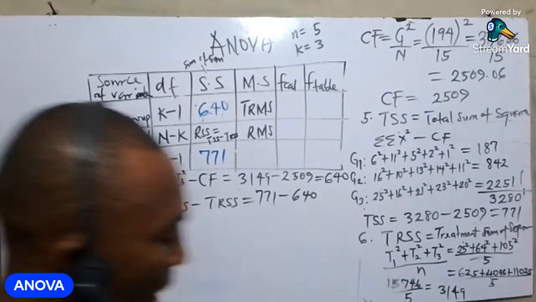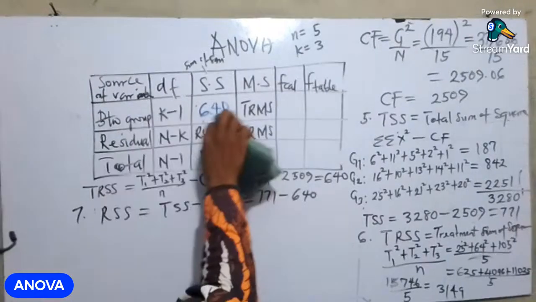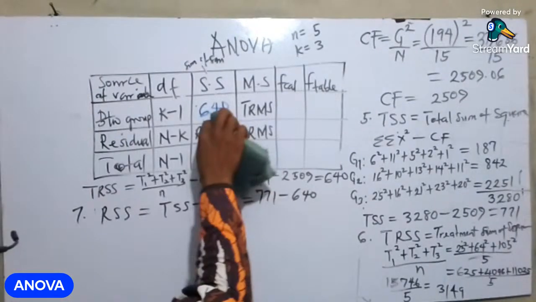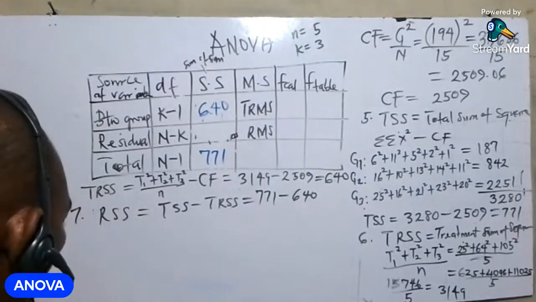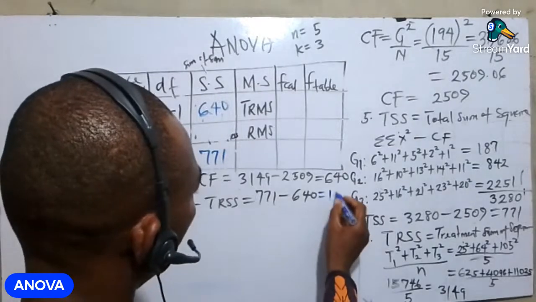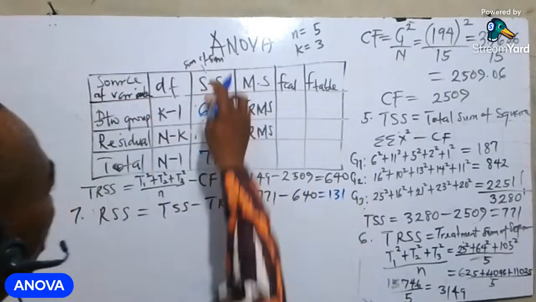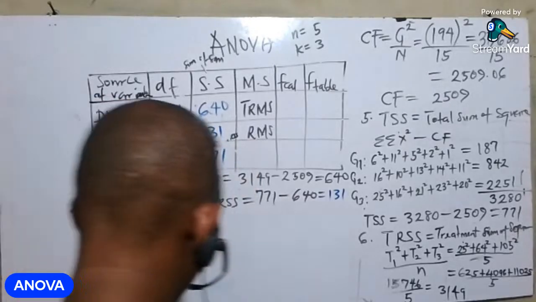So that means our RSS is now equal to 131. So that's the difference between this and this. So that is 131. So we're almost done.